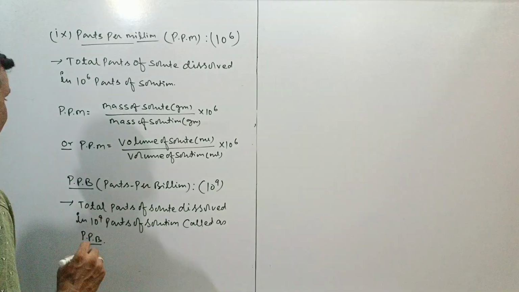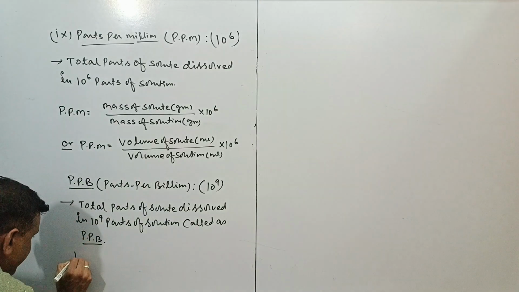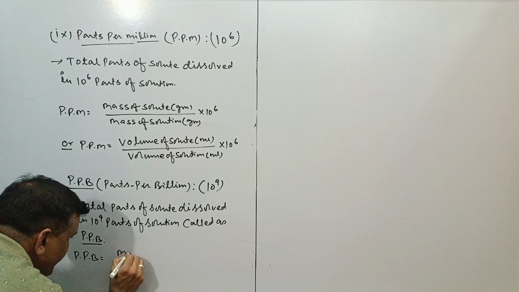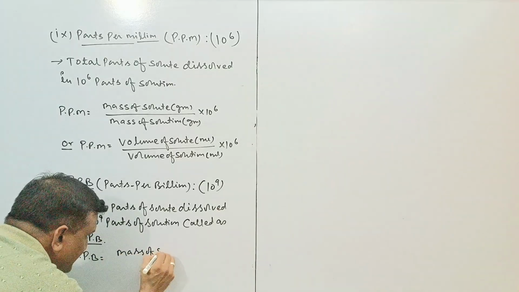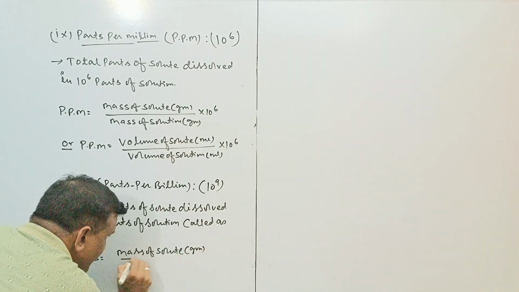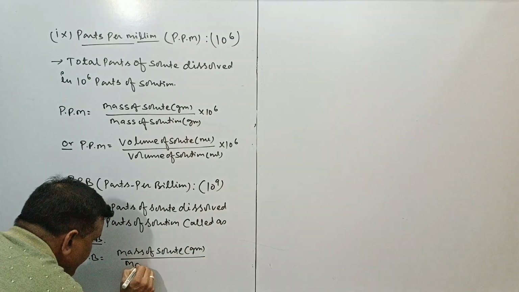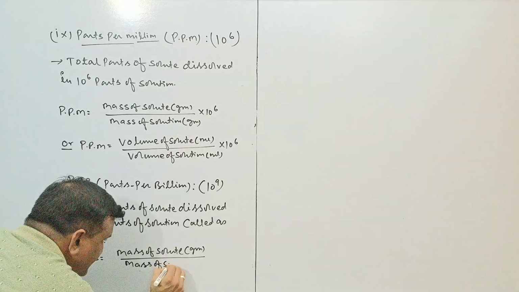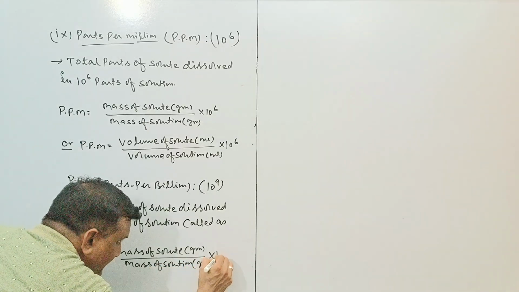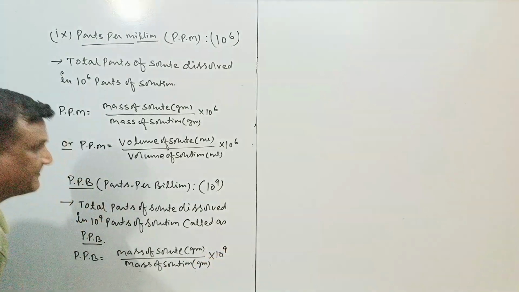The formula is ppb equals mass of solute in gram upon mass of solution, also in gram, into 10 to the power 9.